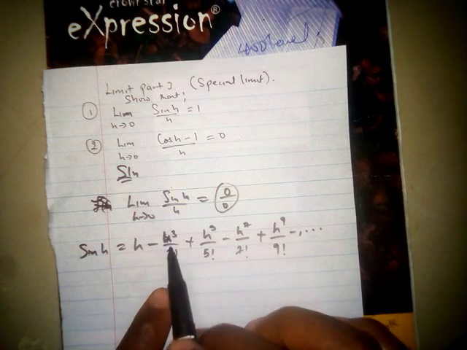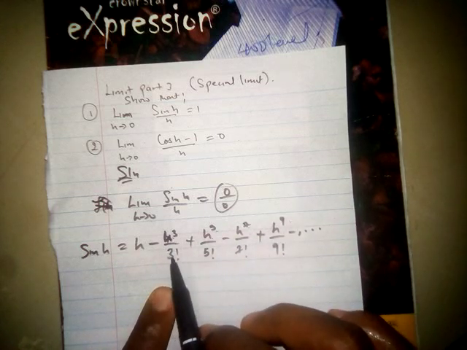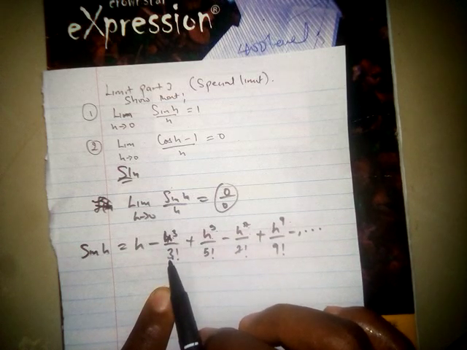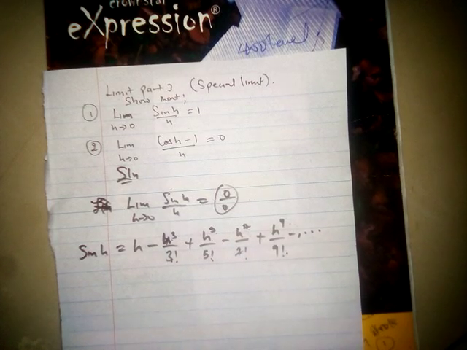So we're going to use Taylor series to simplify this function. Observe that the powers of h are odd: 3, 5, 7, and the corresponding denominators have odd factorials: 3 factorial, 5 factorial, 7 factorial, and so on.